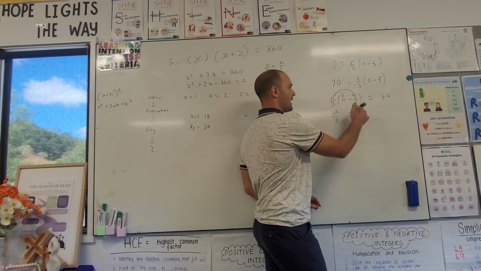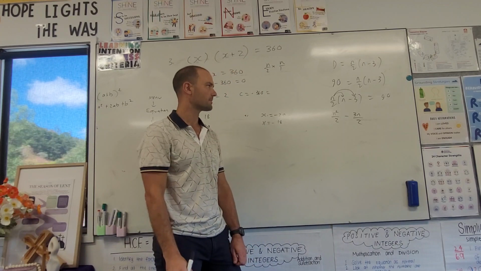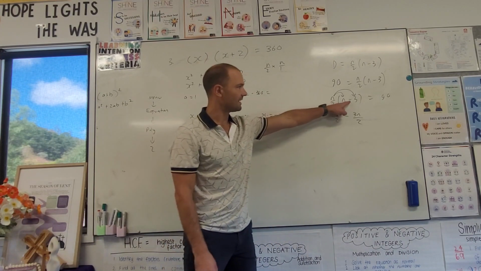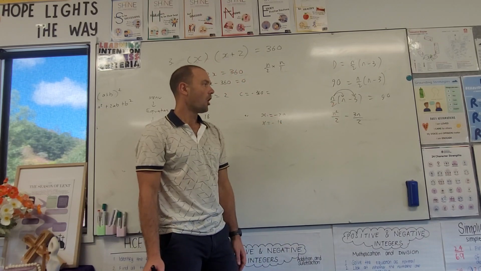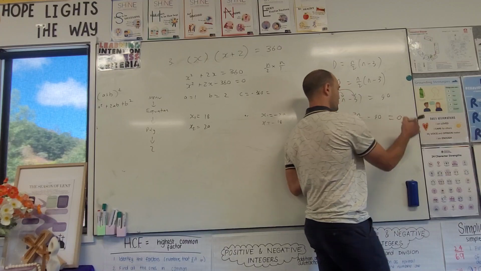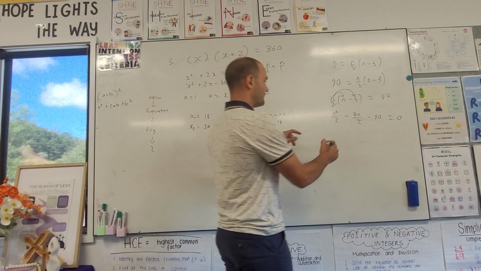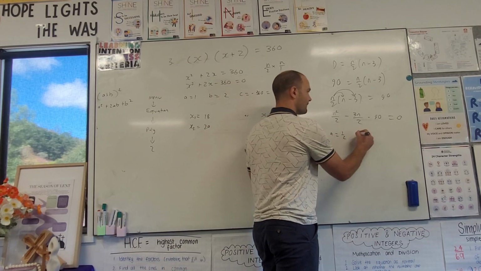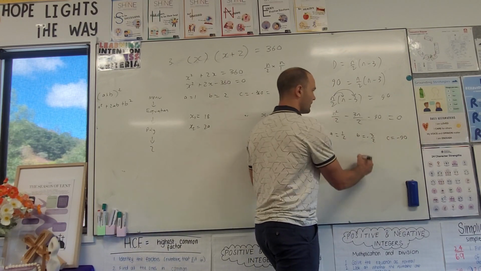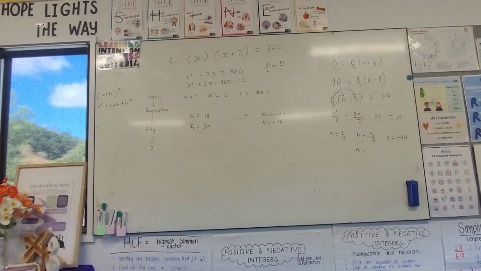Same with this one, we're going to have 3n at the top and 2 at the bottom. 3 times n at the top, the denominator stays as it is, and that negative stays there. I'm going to move the 90 over to the left, equals 0, and now we'll put this in the equation solver. So our value of a is positive a half, our value of b is negative 3 on 2, our value of c is minus 90, and we'll solve for n.